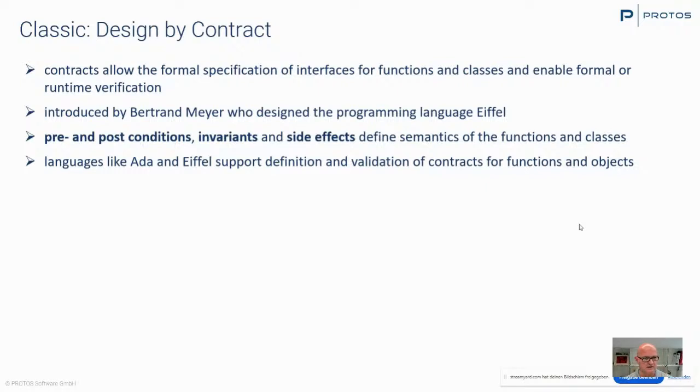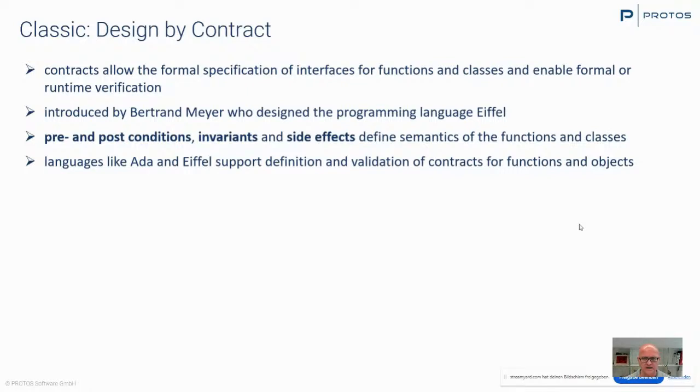I'll explain briefly what this means. Languages like Ada and Eiffel support the definition and validation of contracts for functions and objects. Ada is a programming language mainly used for avionics systems, and Eiffel is not really used in practice in many projects.